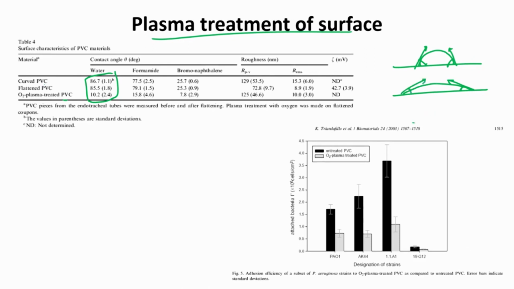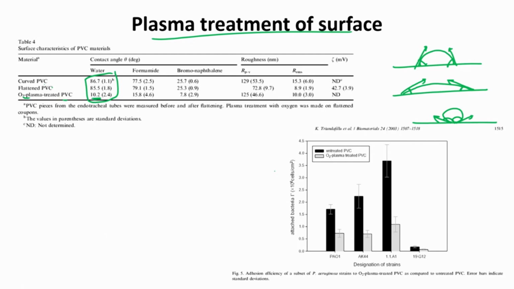Whereas if it is extremely hydrophobic, the water will try to prevent any interaction and just ball up, so your angle will be extremely high, even above 90 degrees. What you see is that for the normal PVC the angles are up to 90 degrees, which is still fairly high, but when you treat with oxygen plasma, it becomes extremely hydrophilic and this angle has come down to 10 degrees.